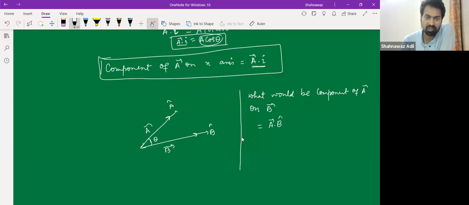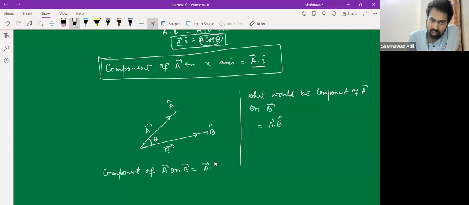Any doubt in this part, guys? So the component of A on vector B would simply be A dot B hat. But this is a number, a scalar, right? And I want to calculate the vector in this direction. So what would be the direction of this vector?